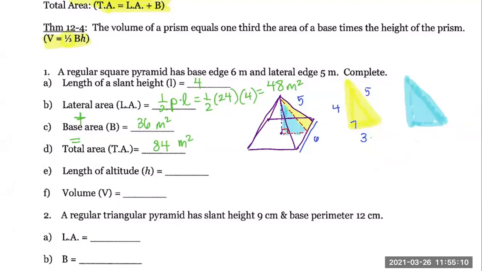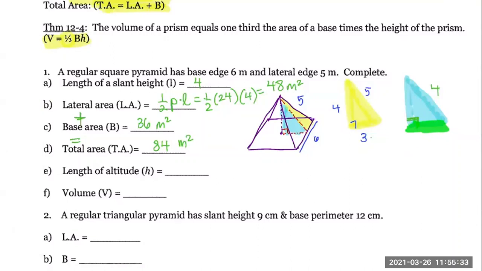And here we have that this is a right triangle. We know that the slant height is 4. We calculated that. And can you tell me what is the measurement of this leg that's green here? What's the measurement of that green leg?